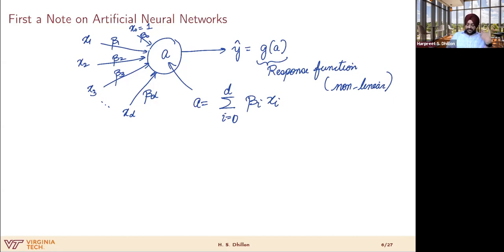So now the way you stack this artificial neuron into a neural network is the following. Let me add a page here. So you have these input features, x0, which is your bias feature. Then you have x1, x2, and so on up to xd. These are given as inputs to your first so-called hidden layer of neurons. Okay, so what do we mean by a hidden layer of neurons?